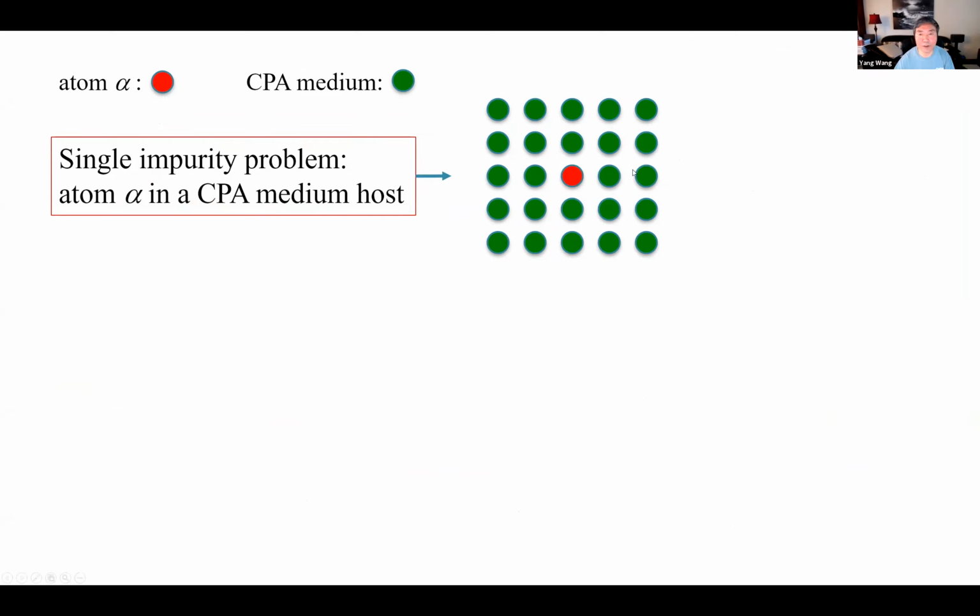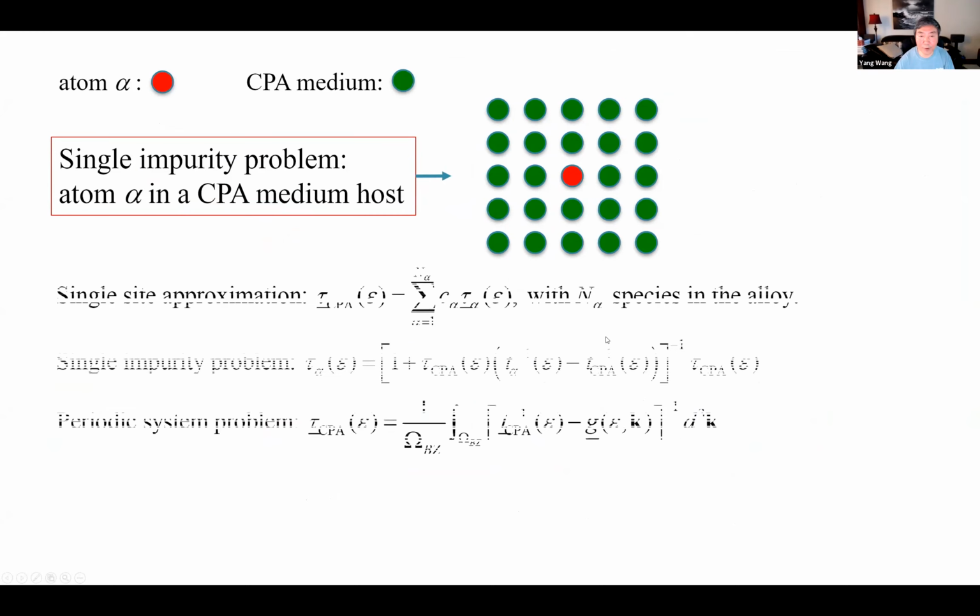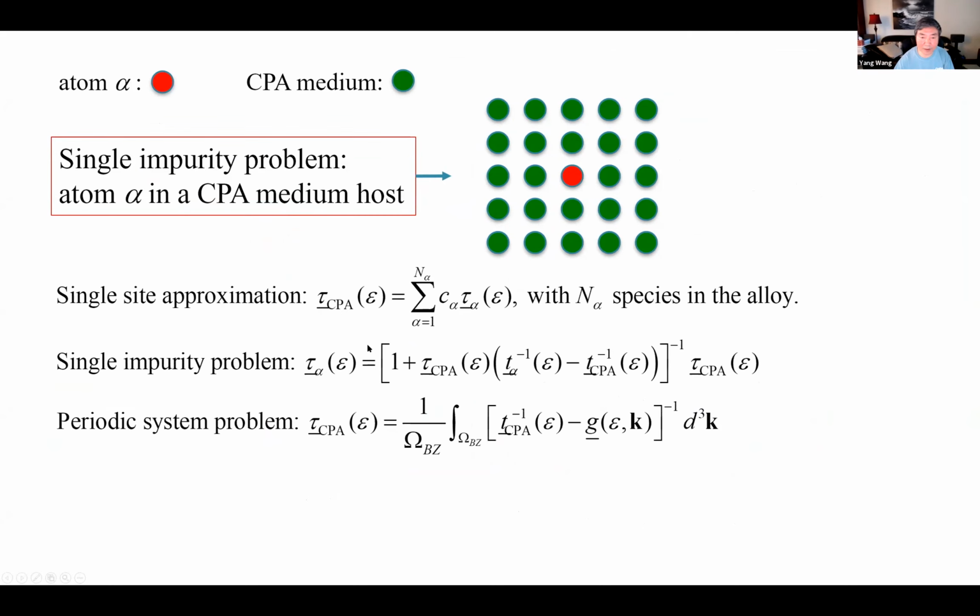Our goal is to find this effective medium. This is a single impurity problem. As I mentioned a few slides back, this is the tau matrix to calculate for this impurity. Remember, this tau CPA is a perfect crystal with the CPA medium on each site. Okay, we know exactly how to calculate.